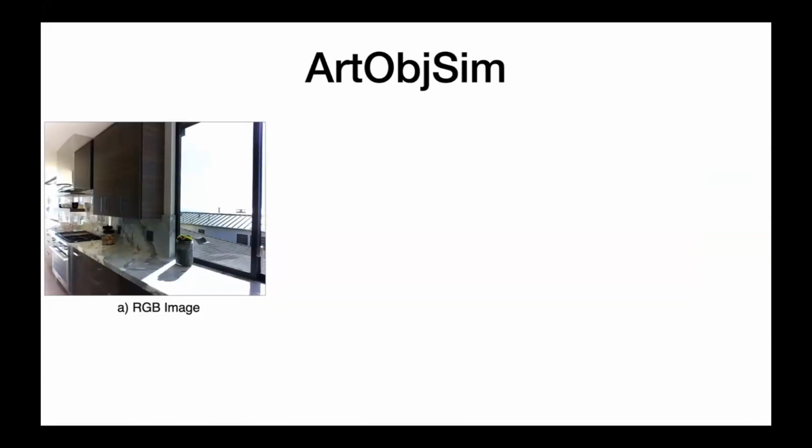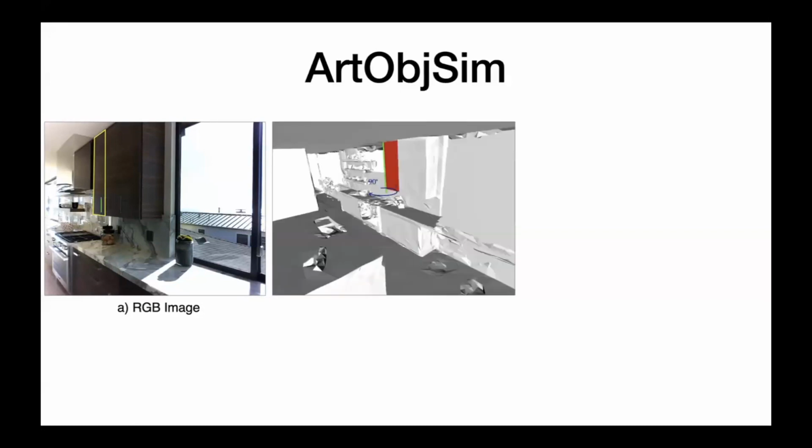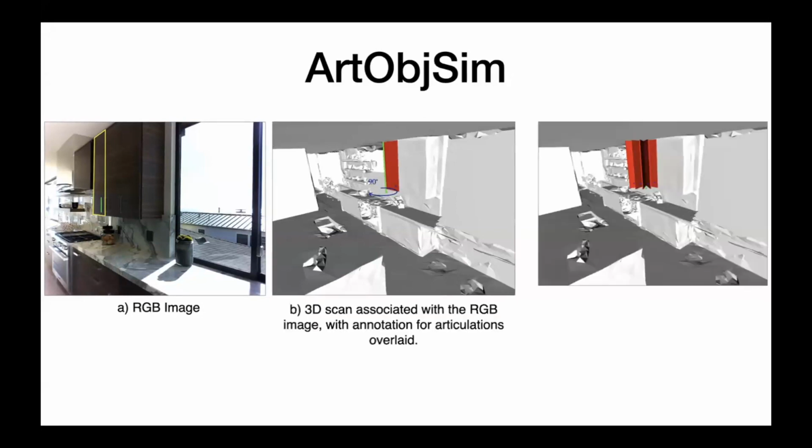So you have this image of a kitchen. You can mark out, okay, this is the face of the cupboard. There's the handle, and because you have the underlying scene geometry associated with this image available in these scans, you can lift these annotations to 3D, and you can start simulating that this cupboard is opening and so forth.